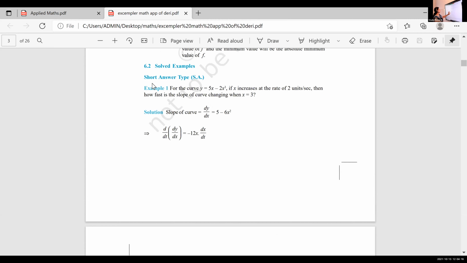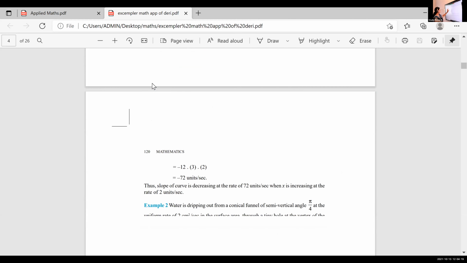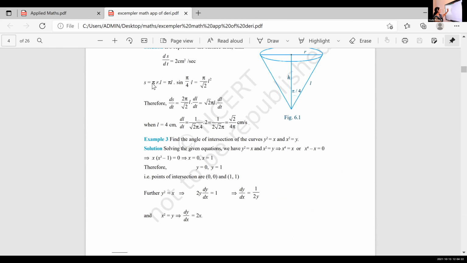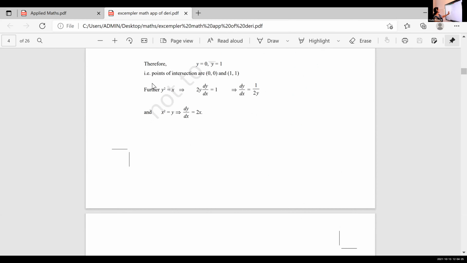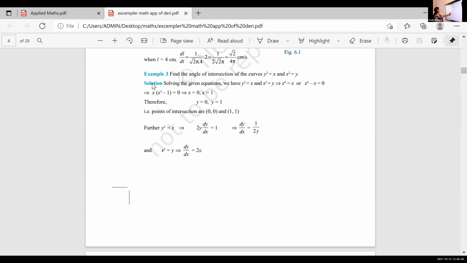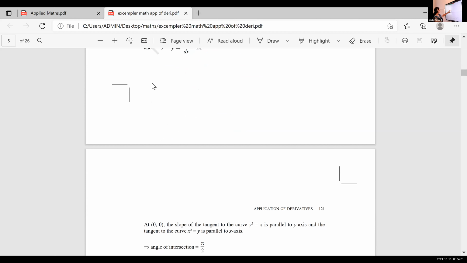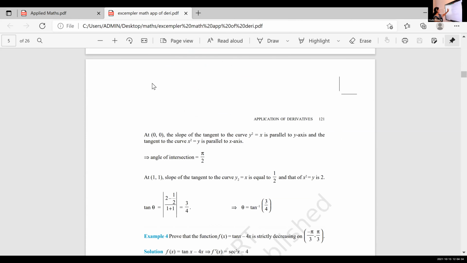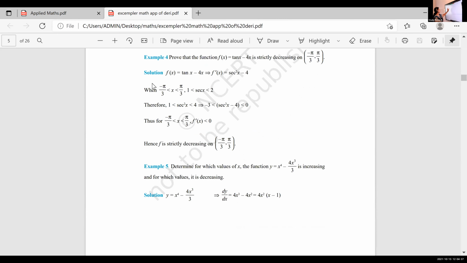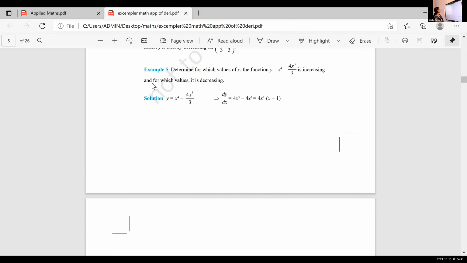Now, maxima, minima questions. Write this question, children.